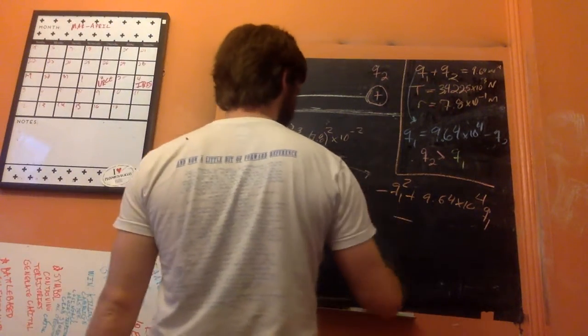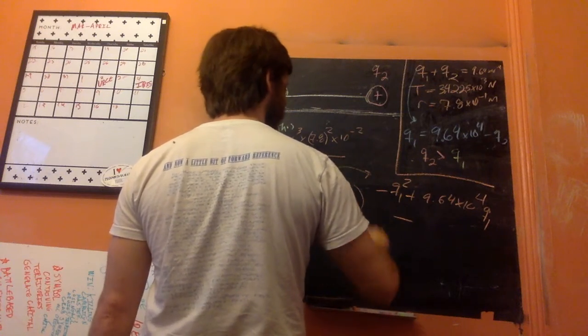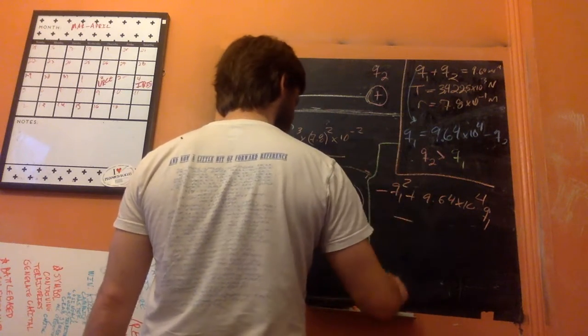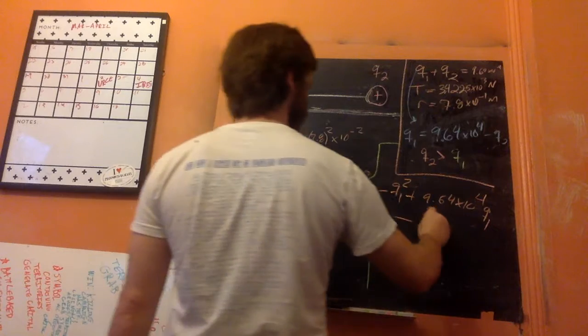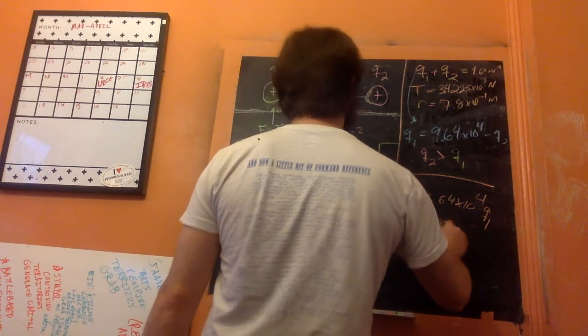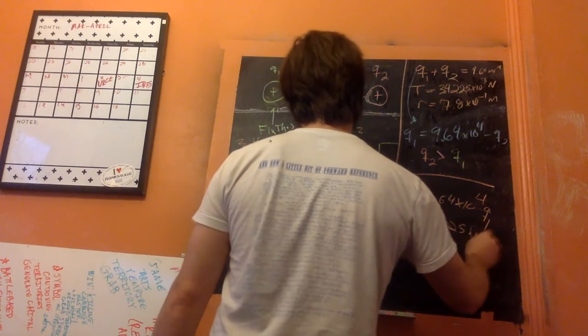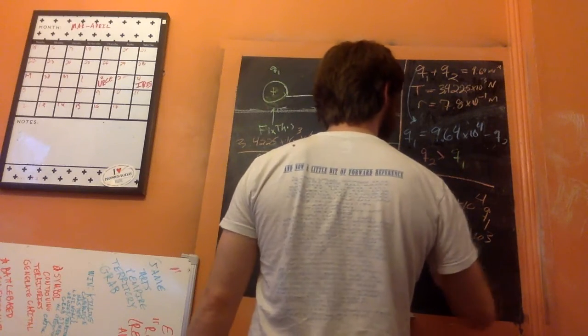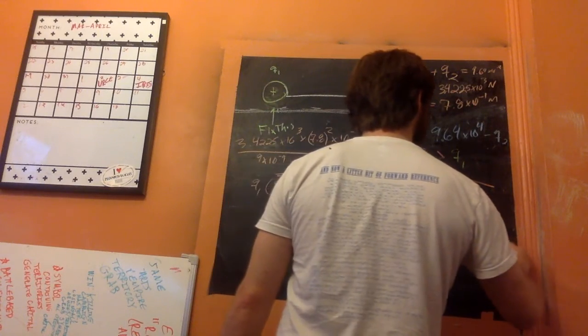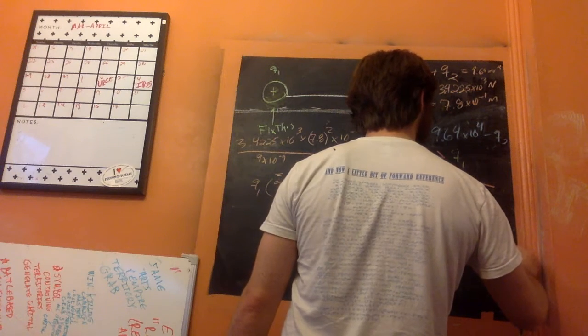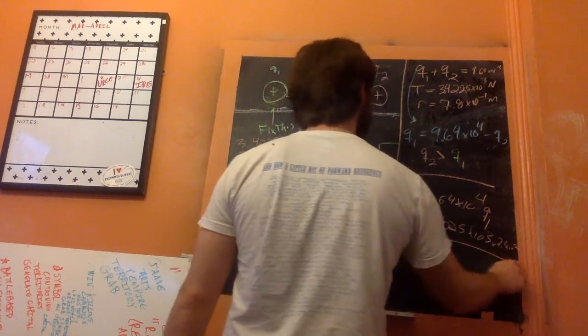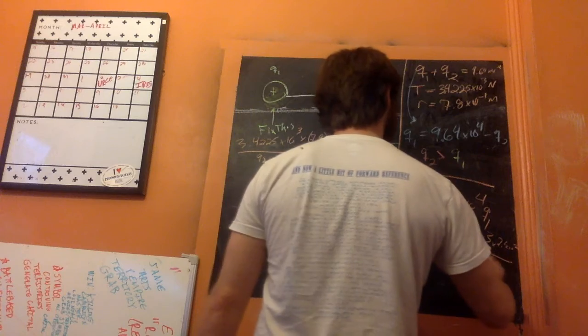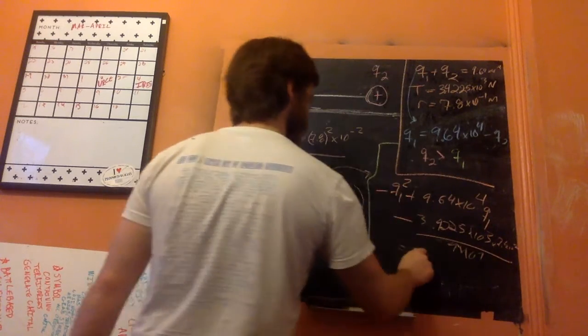Let me make sure that this is clear that I have this separated off real quick. So that's minus 3.4225 times 10 to the third times 7.8 times 10 to the negative 2 over 9 times 10 to the 9 is equal to 0.